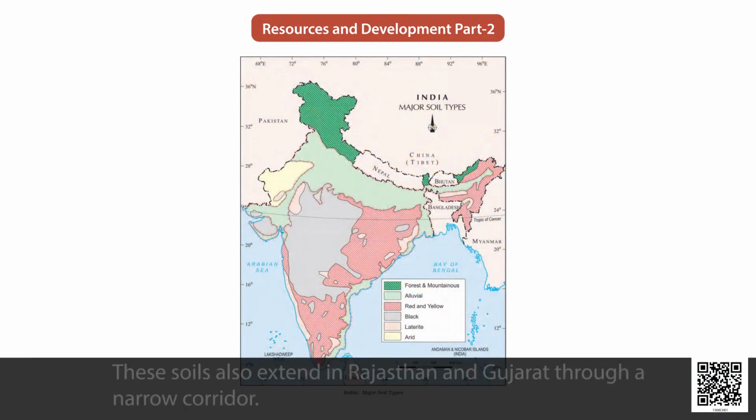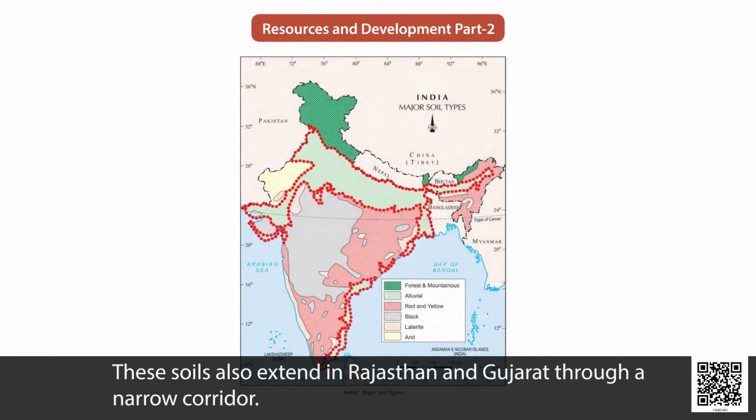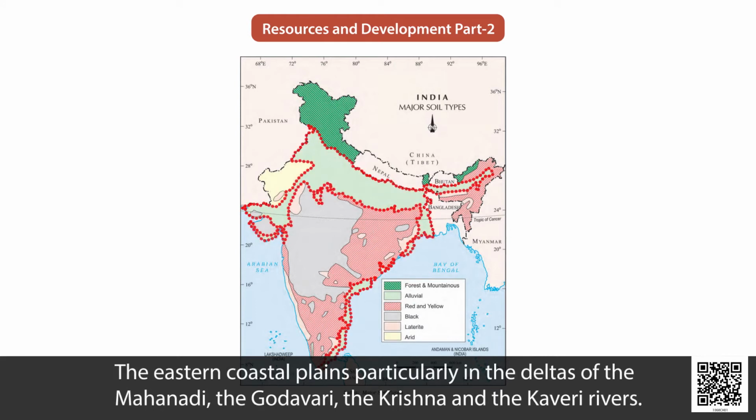These soils also extend in Rajasthan and Gujarat through a narrow corridor. In the eastern coastal plains, particularly in the deltas of the Mahanadi, Godavari, Krishna and Kaveri rivers, alluvial soils are found.